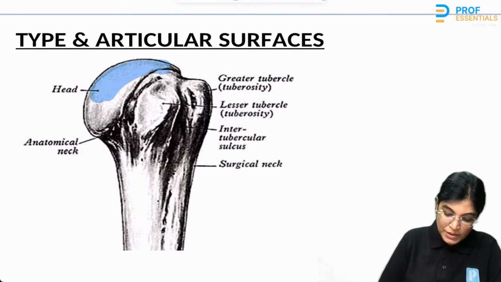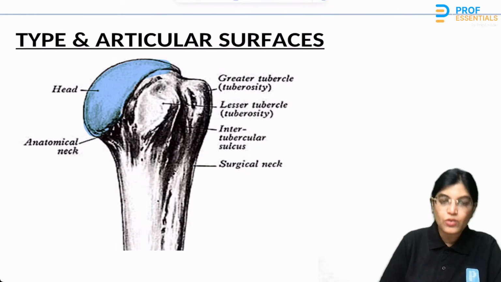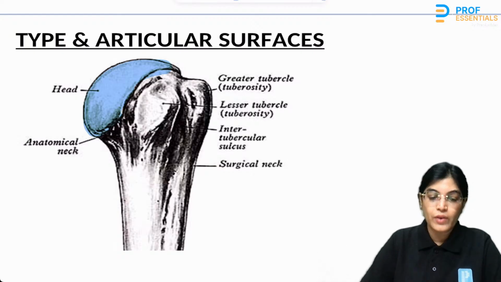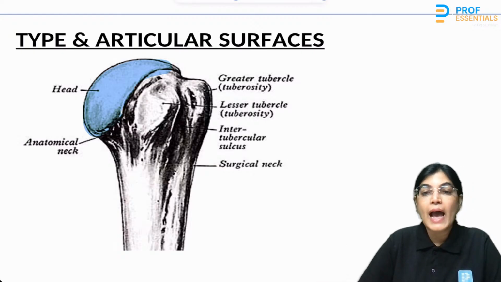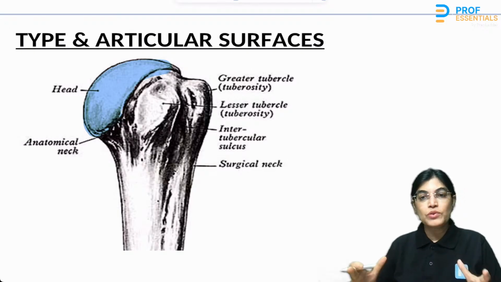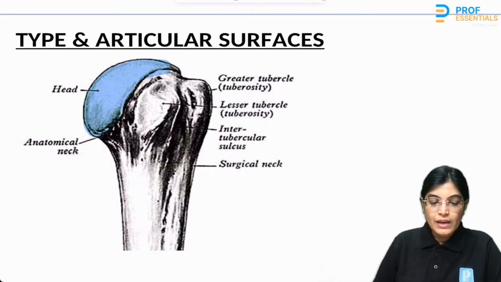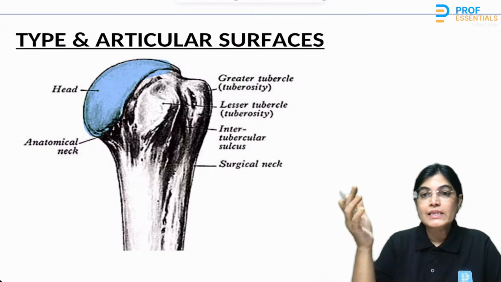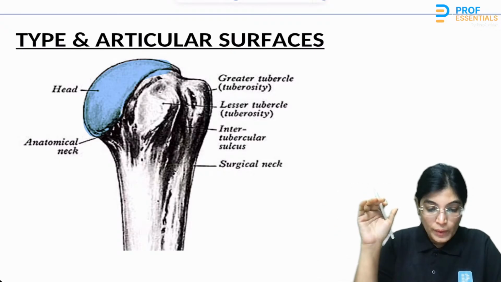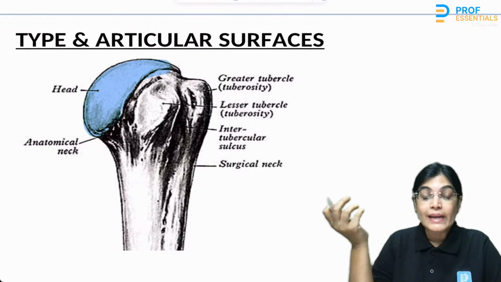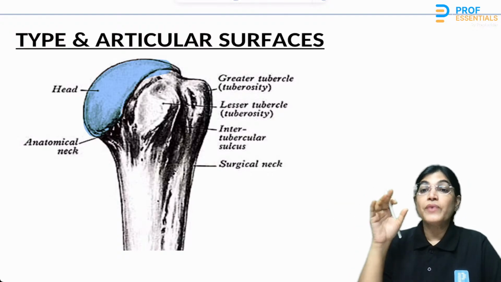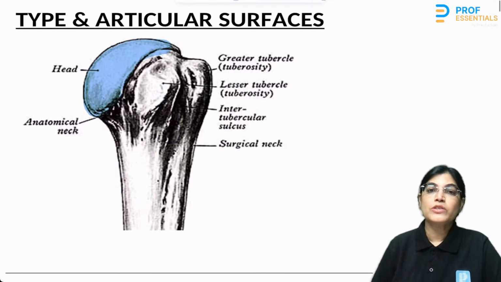What you can appreciate here is that the head of humerus is not completely spherical, and the glenoid fossa is shallow in comparison to the head of humerus. This is the reason it is the most common joint to get dislocated, and it can undergo recurrent dislocation. Therefore, it's very important for students to read the shoulder joint in detail.